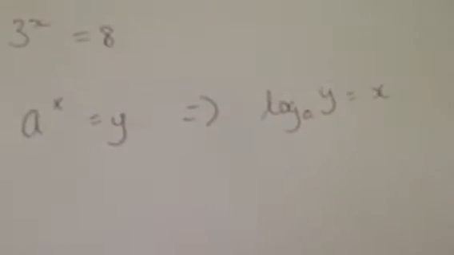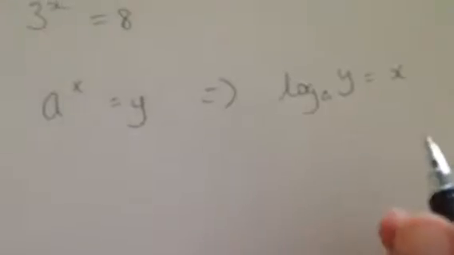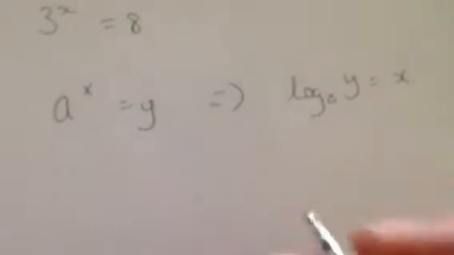So I have, at the very top of my page, it explains clearly that if I have a to the power of x is equal to y, that's the same as log of y in the base a is equal to x. So this is what is written at the top of my log tables. It helps me to go in and out of log format.